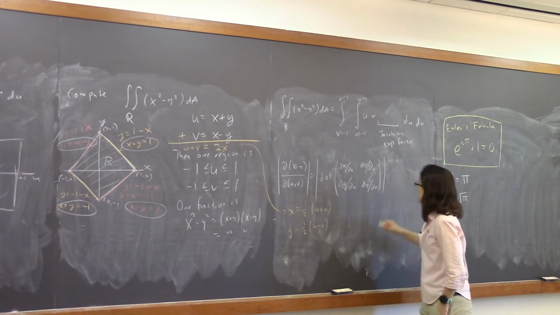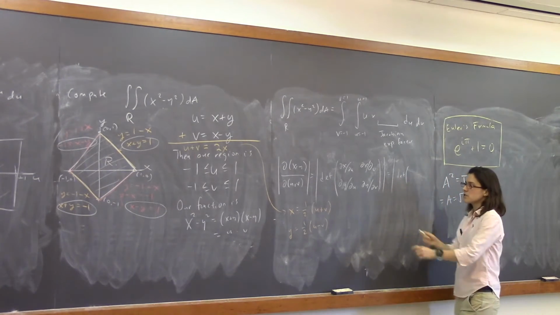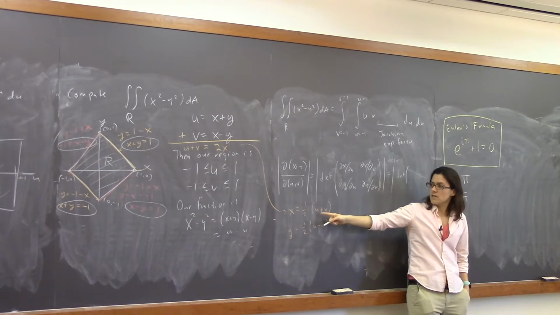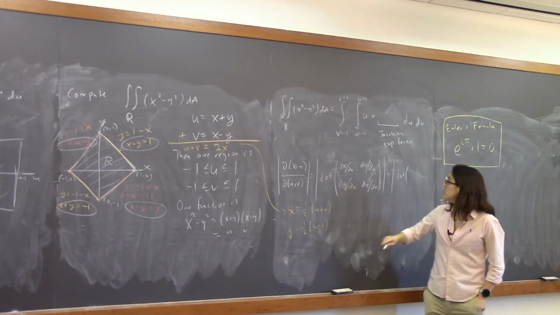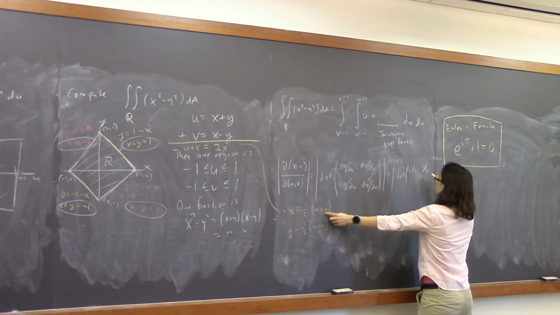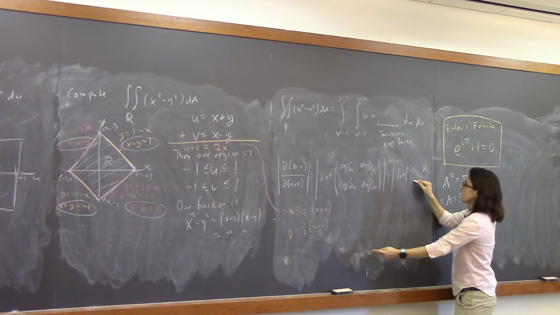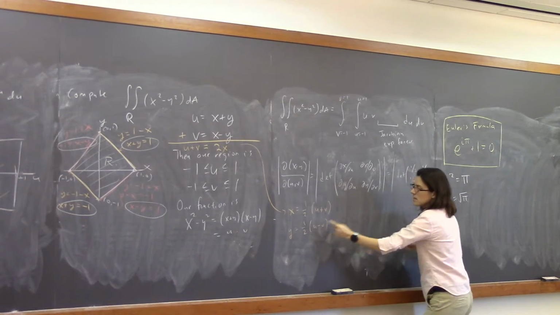Okay, so now that we have that, this is the determinant of the matrix: partial of x with respect to u is 1/2, partial of x with respect to v is also 1/2, partial of y with respect to u is also 1/2, partial of y with respect to v is negative 1/2.